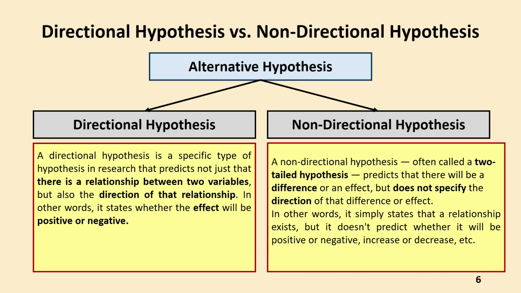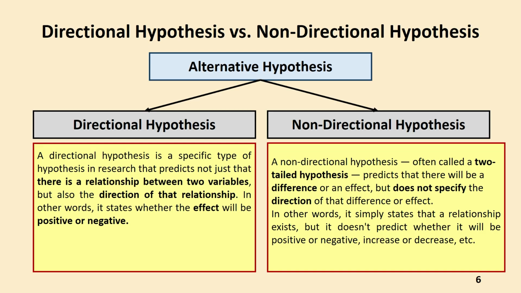Now, here one thing we have to understand: what is the basic difference between directional and non-directional hypothesis? When we are talking about a directional hypothesis, it does not just predict that there is a relationship between two variables, but also the direction of the relationship.